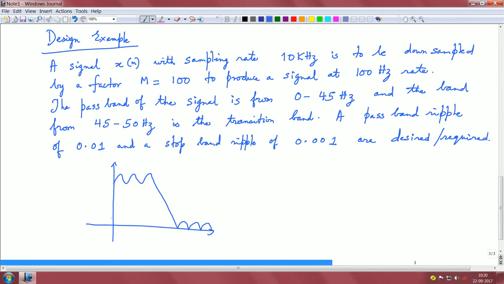so this is our stop band delta S, this is our frequency f or omega.